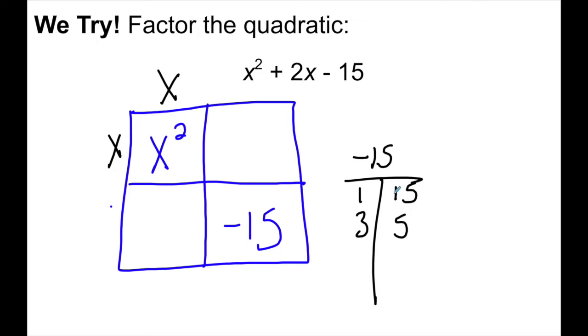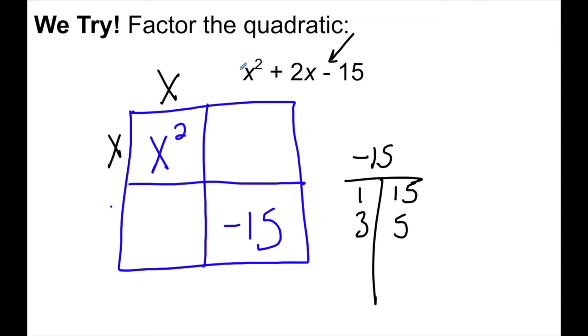Okay, so 1 and 15, I'm not going to be able to get to 2, because I'm going to have to be essentially adding 1 and 15. But here's what I know. This is negative. So one of them needs to be positive and one of them needs to be negative. So which one is going to be negative, the 5 or the 3?